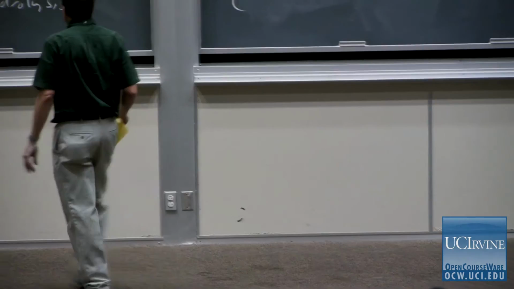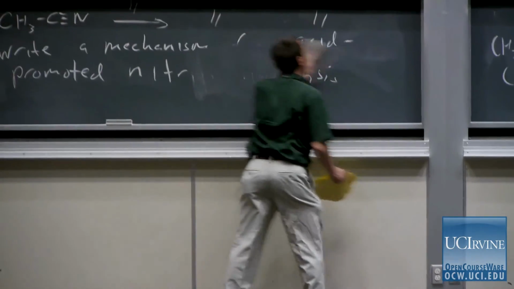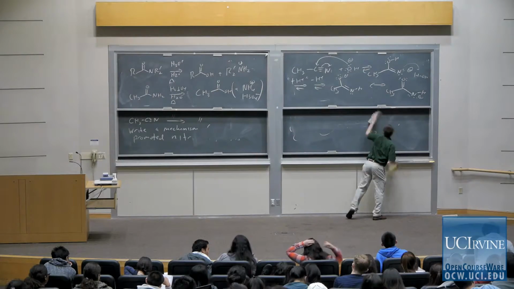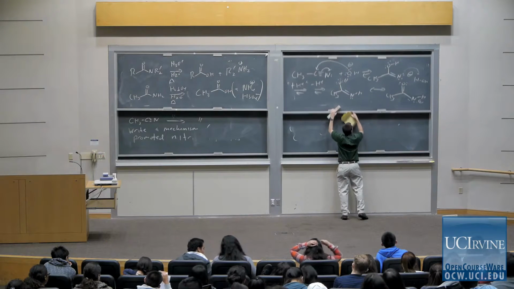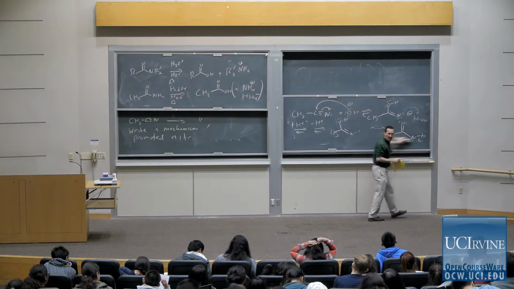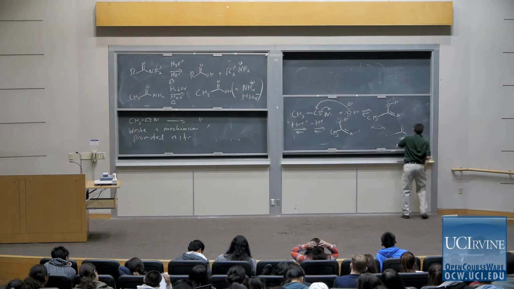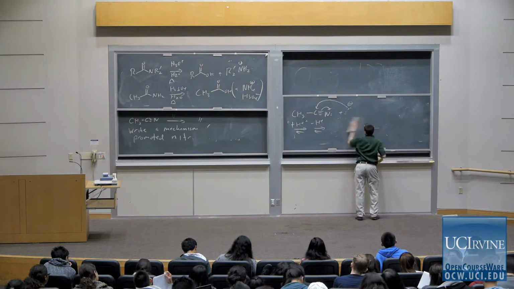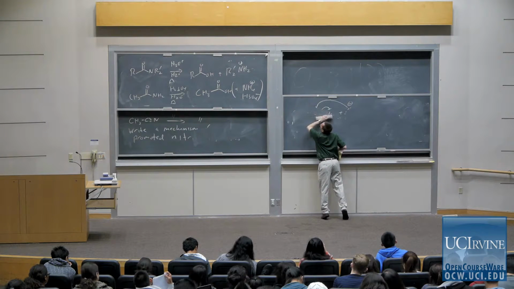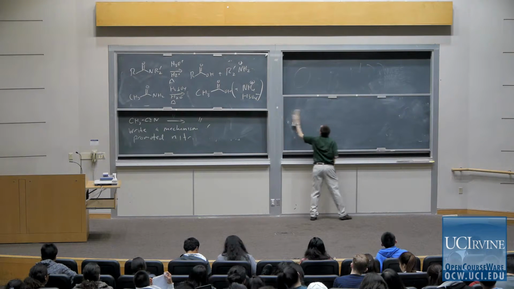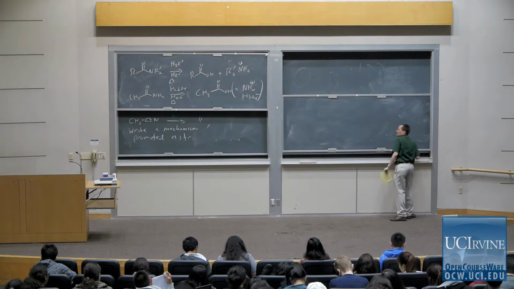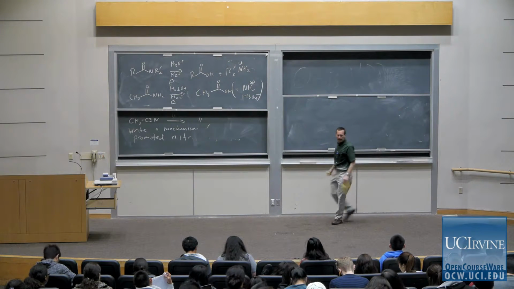All right. The last couple of minutes that I would like to take here, I want to talk about a few synthetically useful reactions and wrap up our carboxylic acid chemistry. So we haven't really talked about where acid chlorides come from.